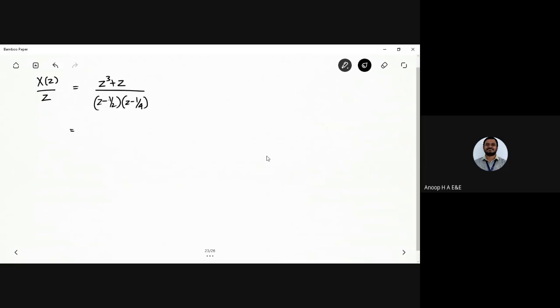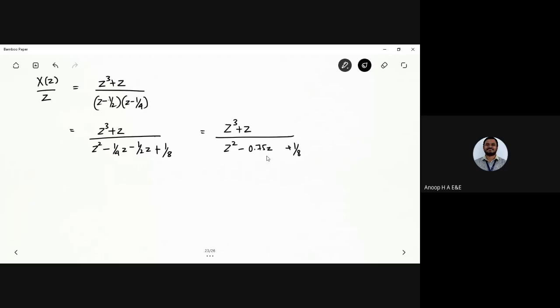Now what I'm going to do here: z cube plus z divided by z into z squared, minus z into 1 by 4, minus 1 by 2 z, plus 1 by 8. So how can I represent the other one: z cube plus z divided by z squared plus 1 by 8, minus 1 by 4 z, minus 1 by 2 z. That is minus 0.75z, since 0.25 plus 0.5, with a minus sign outside.